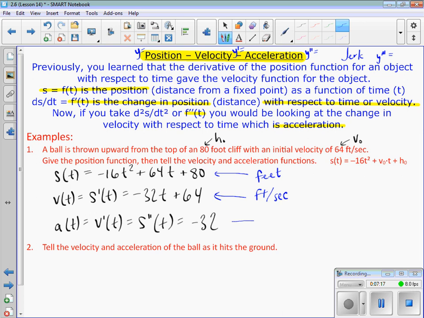Anyone know what the label for that is? Feet per second squared. Sometimes it's written like this, or sometimes it's written as feet per second per second. You'll see that if you take physics or something.